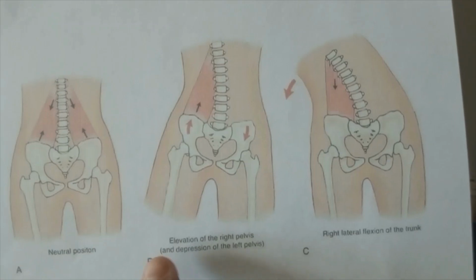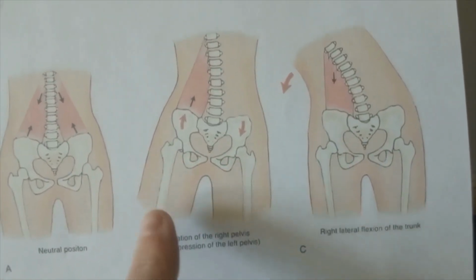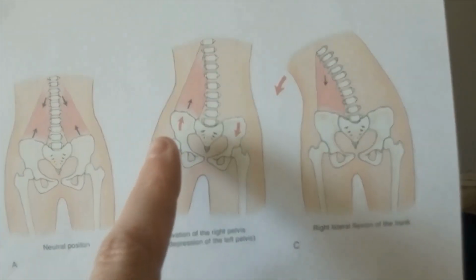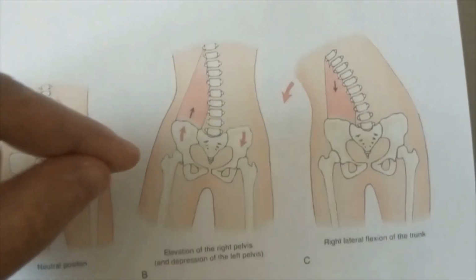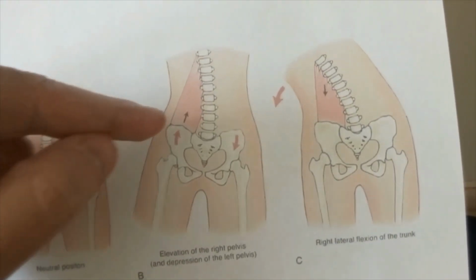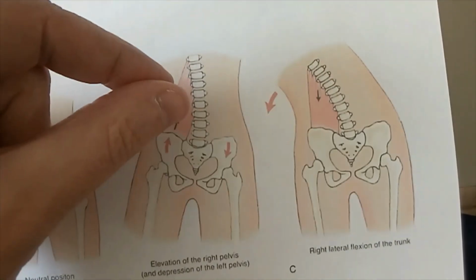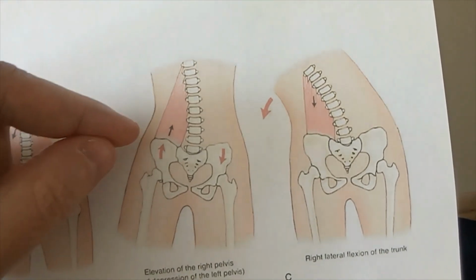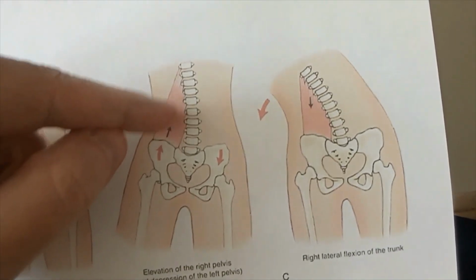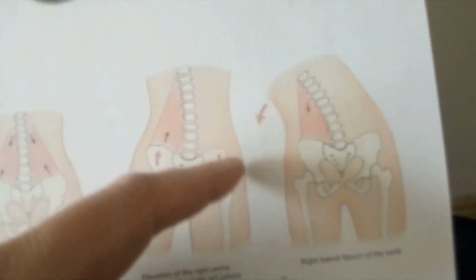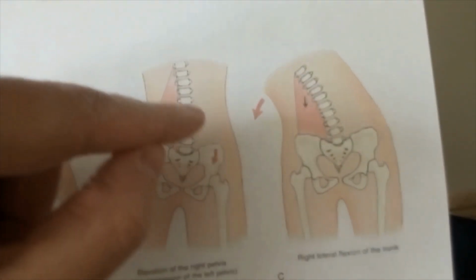So if you see here, if we're constantly shifted to one side, and one side of the pelvis is hitched up, the QL on that side is going to contract and shorten. And if this is done for prolonged periods, you'll end up with tightness on this side. But then the opposite side will actually be stretching.